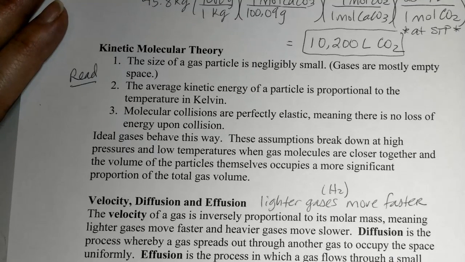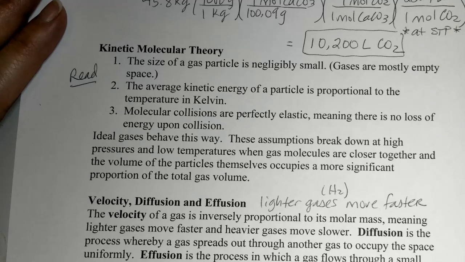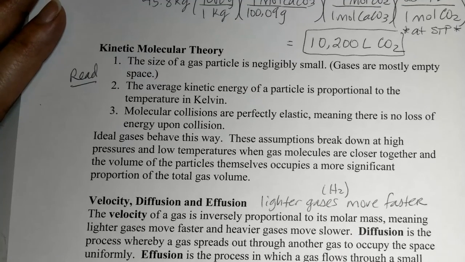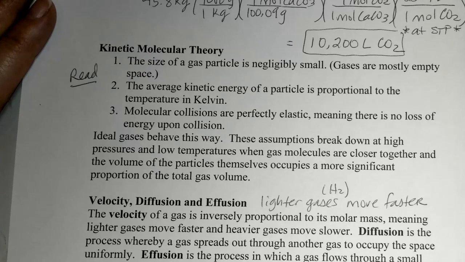Diffusion and effusion is looking at how the gas flows, where diffusion is it diffuses into another space, whereas effusion specifically, it flows through a small hole in the container. But all of these are related together. The heavier the gas is, the slower it will move, right?